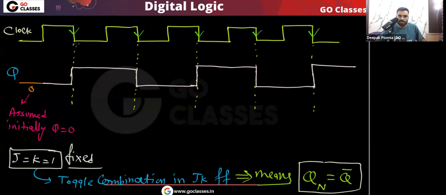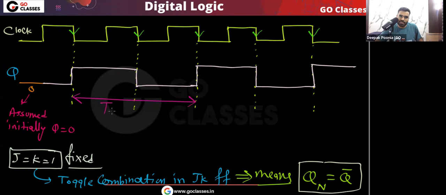Both are your clock period. So here, this is a rising edge and this is a rising edge, and the time period between two consecutive rising edges is the clock period of Q.